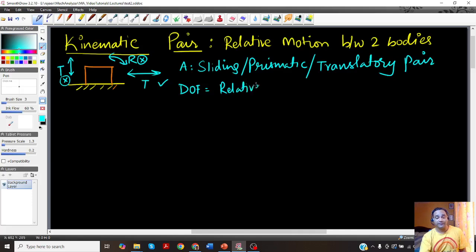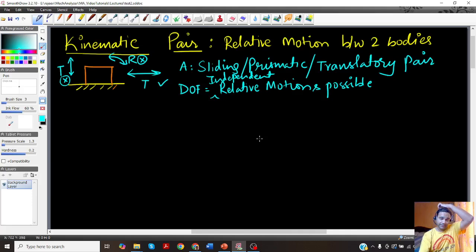How many types of relative motions, or let's say, I would rather use the words independent relative motions possible. Okay, so that is the degree of freedom definition we'll be using for a kinematic pair. So in this particular case, the degree of freedom will be 1.